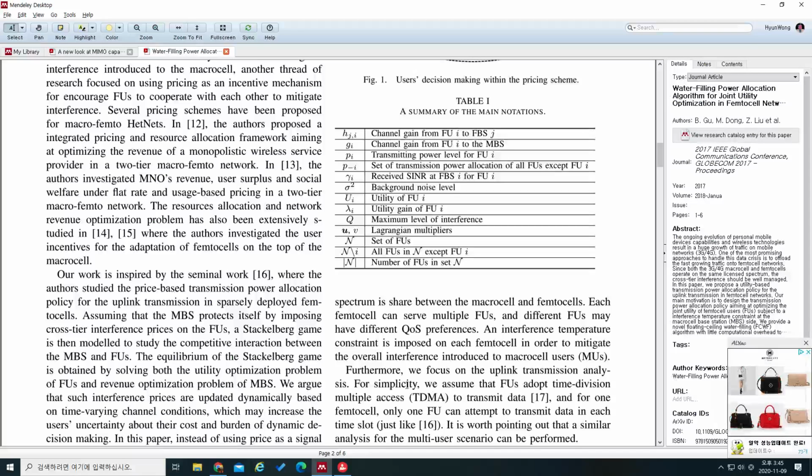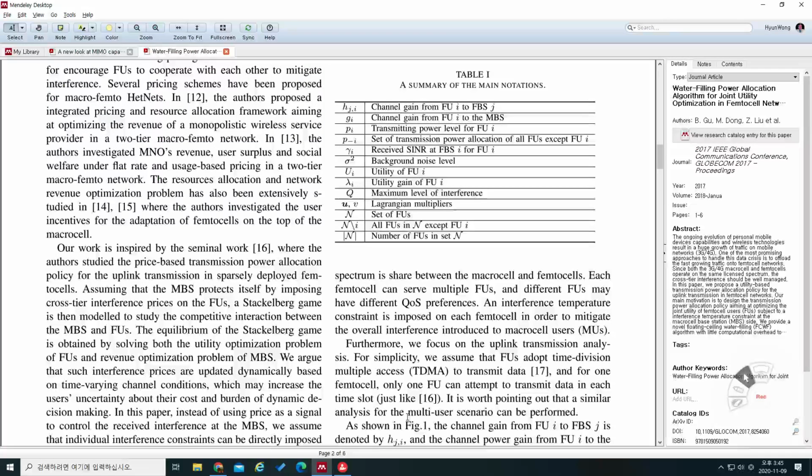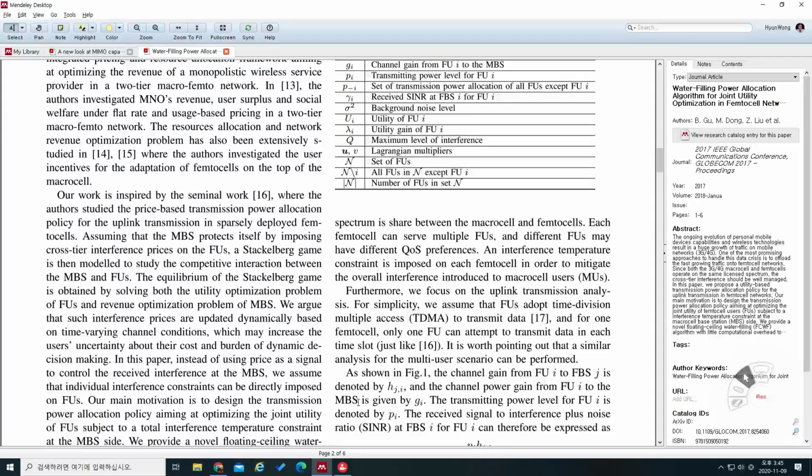For simplicity, we assume that FUs adopt time division multiple access (TDMA) to transmit data, and for one femtocell, only one FU can attempt to transmit data in each time slot, just like [16]. It is worth pointing out that a similar analysis for the multi-user scenario can be performed. As shown in Figure 1, the channel gain from FU i to FBS j is denoted by h_ji, and the channel power gain from FU i to the MBS is given by g_i.